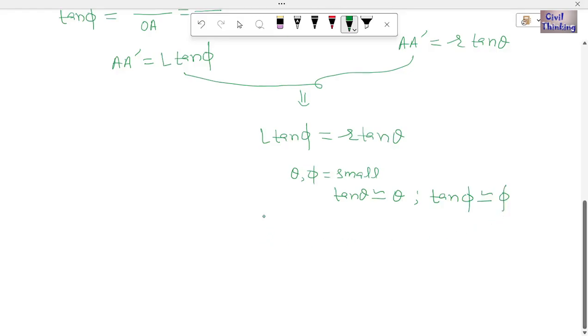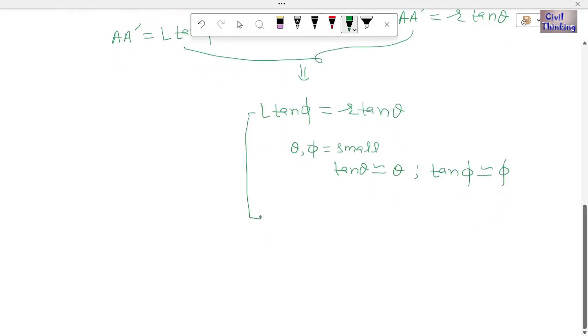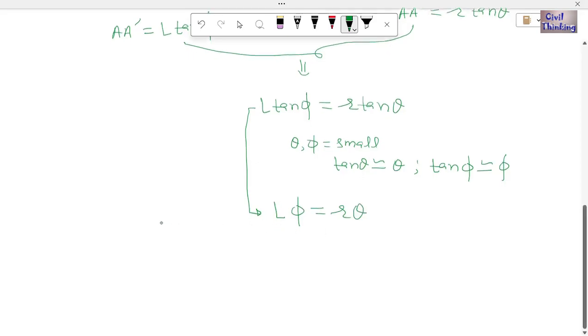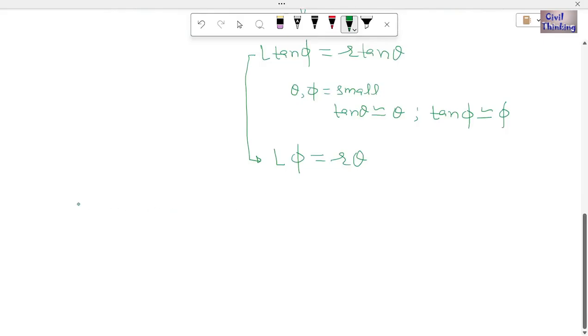So we can rewrite this equation as L phi is equal to r theta. So we got this equation, and this is a very important equation. It will help us.